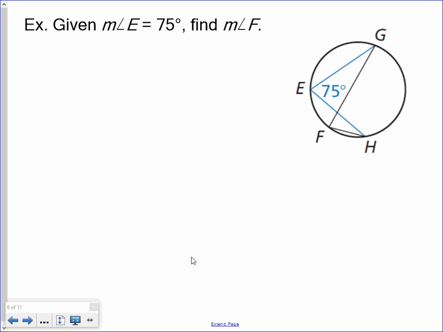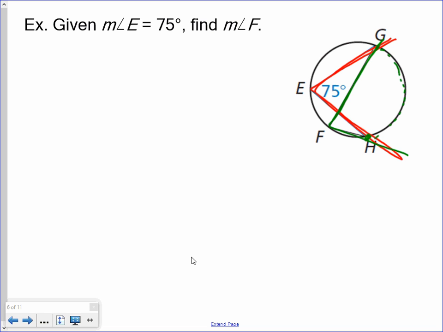So like this problem here, angle E is 75 degrees, and they ask us to find angle F. Well, E and F intersect the exact same piece of the circle, the exact same arc. And so since they intersect the exact same arc, they have to be the same angle measure.